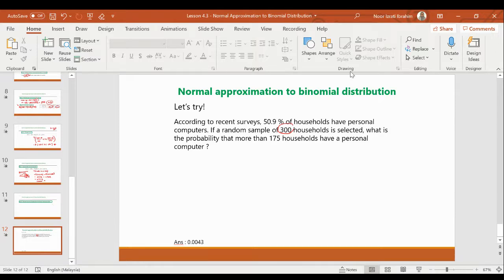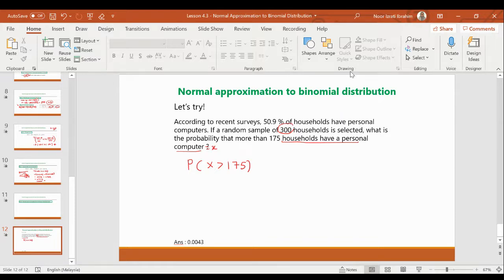Let us take out the information here. The question first, what is the probability more than x, x is more than 175 have personal computer? So let the number of households that have a personal computer be our x here.